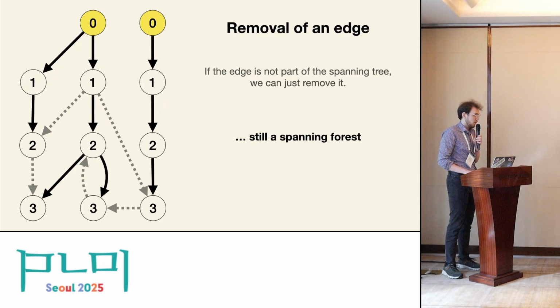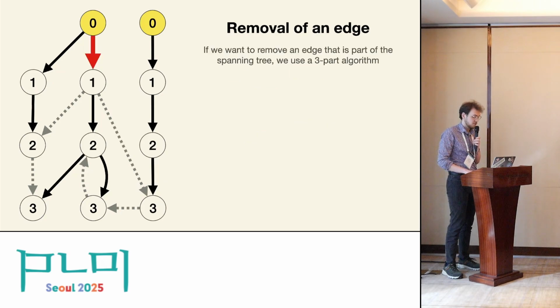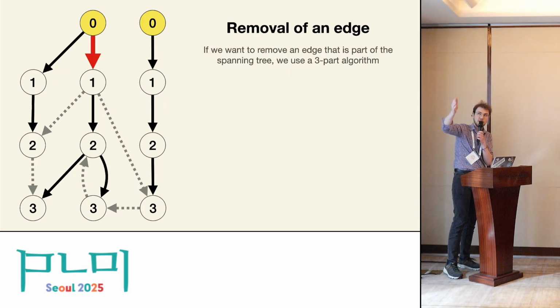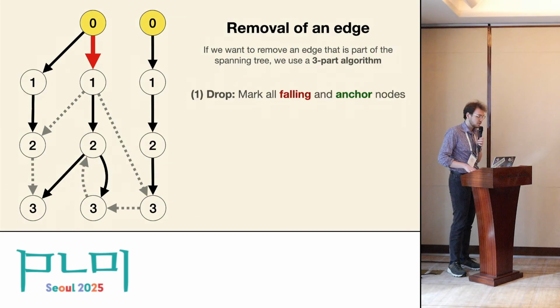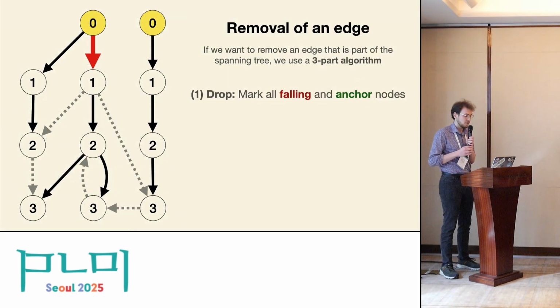The hard part is if we remove an edge that is part of the spanning tree. So let's say we want to remove the edge that is here. If we do it, we will use a 3-part algorithm to fix the spanning forest. So the first step is the drop phase.